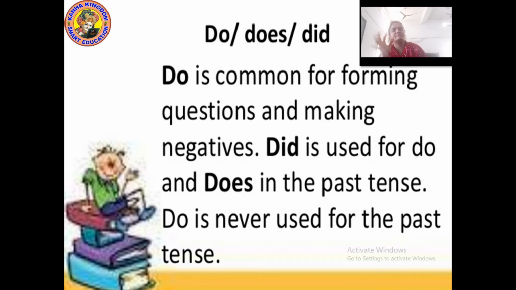If the subject is singular, then we will use does, and if the subject is plural, then we will use do. If we want to change it into past tense, then we will use did. Do is never used for past tense. You have to just keep it in mind.